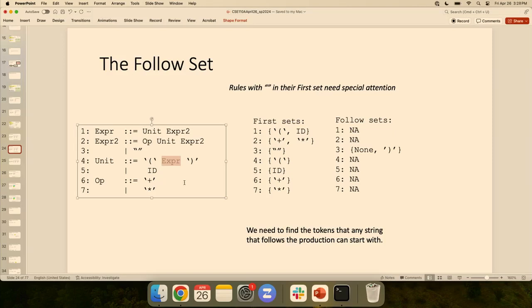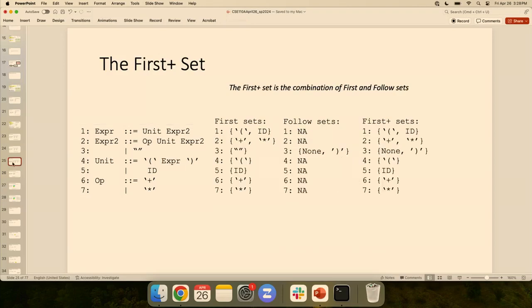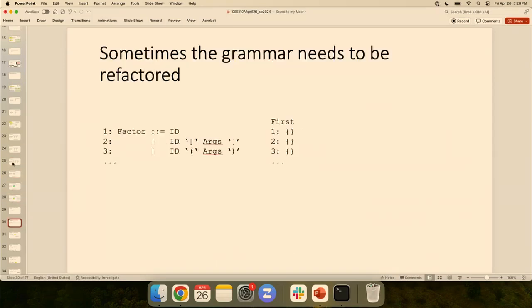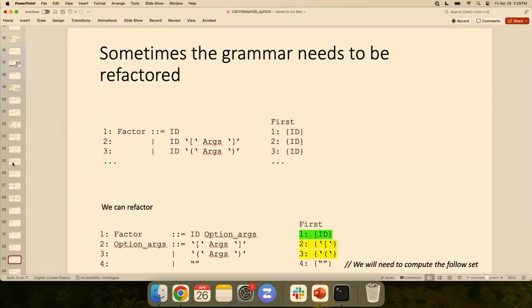Yep. So when you say the grammar needs to be refactored, is that technically a case of eliminating either left recursion or left associativity? I'm a little bit confused on the terminology. Right. So this is all just changing up the grammar to give it nicer properties that are easier to parse. When I say refactor this one, your refactoring criterion is that your first sets are not disjoint between your rules.